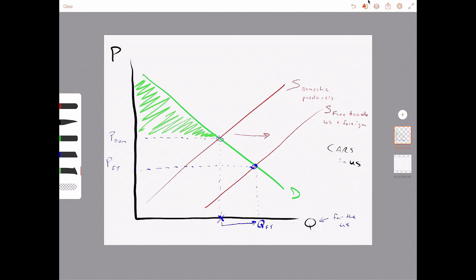The area above the price and below the demand curve. So this is the consumer surplus before trade. There's producer surplus as well. That's this area here. So this is our producer surplus before trade.